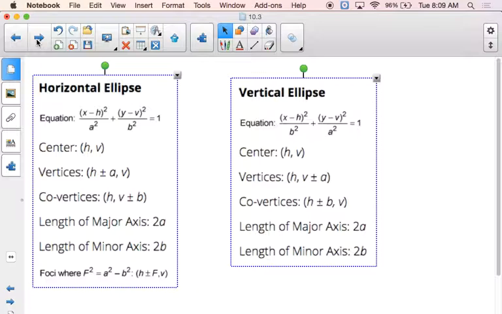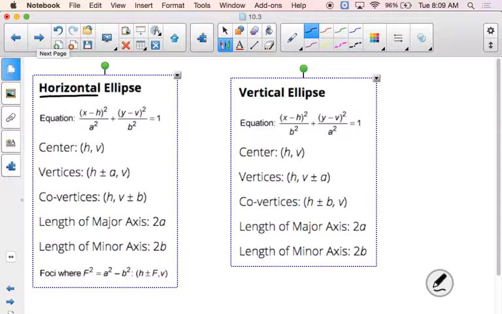All right, so back to some equations for you, okay? If you're doing a horizontal ellipse, and remember, that one is the short and fat, here's your equation. Your center, whether it's vertical or horizontal, is the same. Your vertices are your center plus or minus a, that represents your x value.